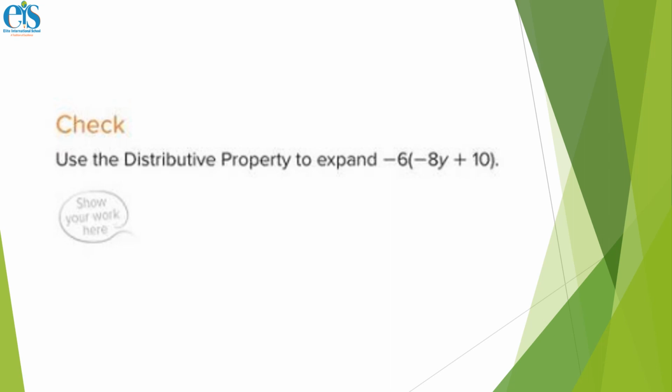So multiplying negative 6 to negative 8y, you would arrive at the answer 48y. And then you multiply negative 6 to positive 10. And your product would be negative 60. Let's check your answers. 48y minus 60.